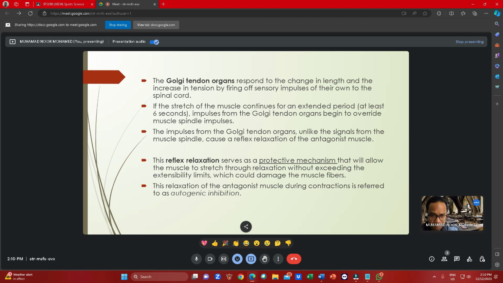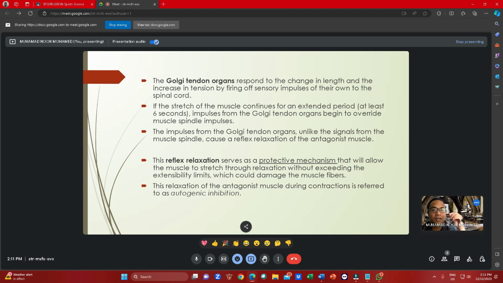Okay, the impulse from the GTO, unlike the signal from the spindle, causes a relaxation of the antagonist muscle, thus allowing our muscle to relax. This relaxation serves as a protective mechanism which allows our muscle to stretch through relaxation without exceeding the extensibility limit, which could damage the muscle fiber.